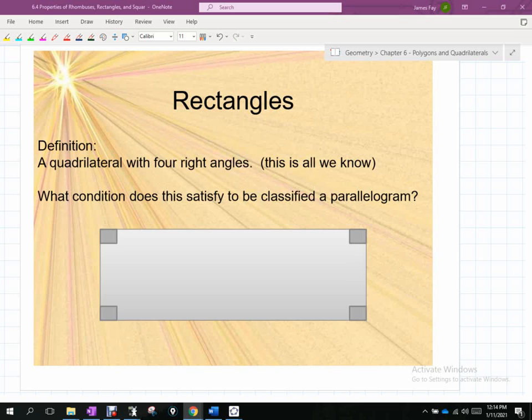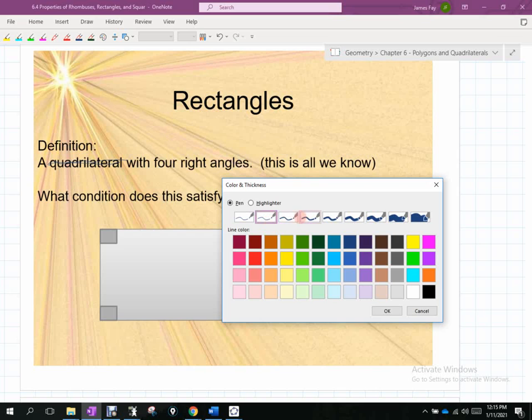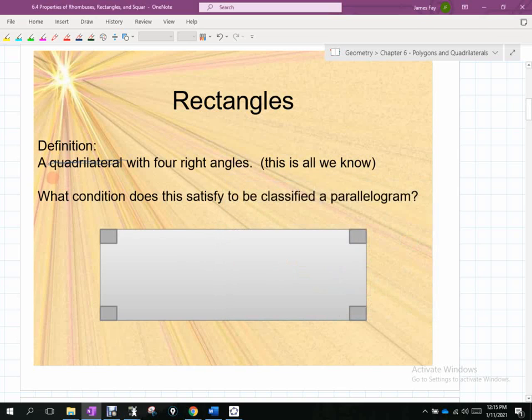So the definition is that a rectangle is a quadrilateral with 4 right angles. What I would suggest to you is, instead of writing the word quadrilateral, that you write the word parallelogram instead.